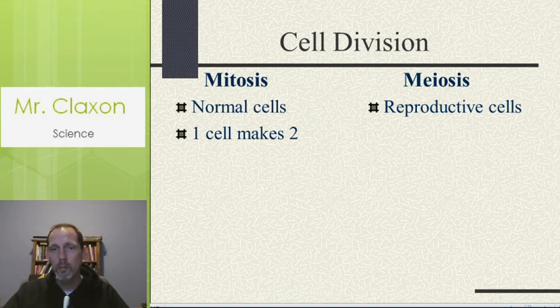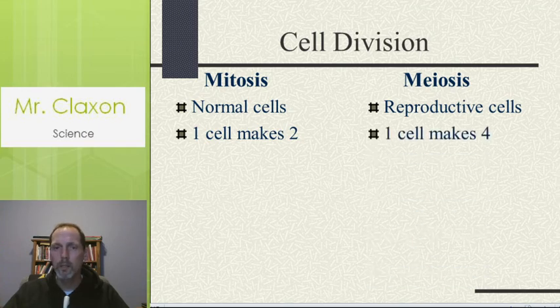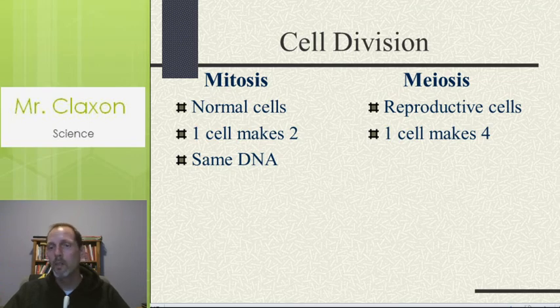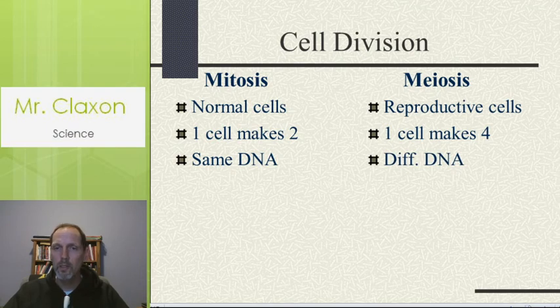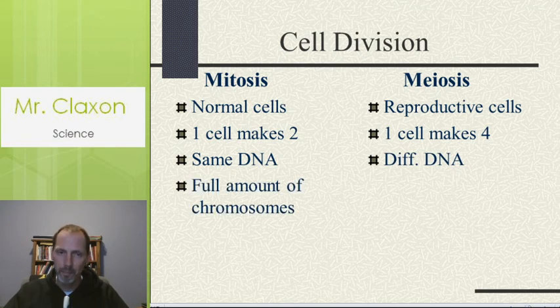For meiosis, we start with 1 cell, we end up with 4. And that's a big distinction. When you compare cells, mother cell to daughter cells, they are identical, same DNA. But when you compare the beginning cell to the 4 that are made in meiosis, they all have different DNA.